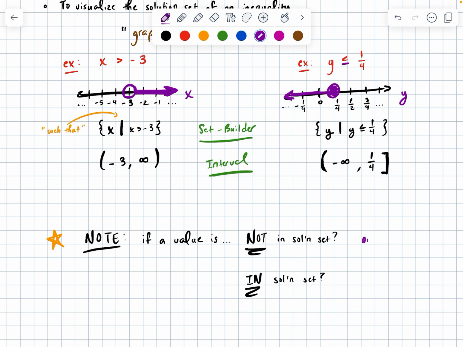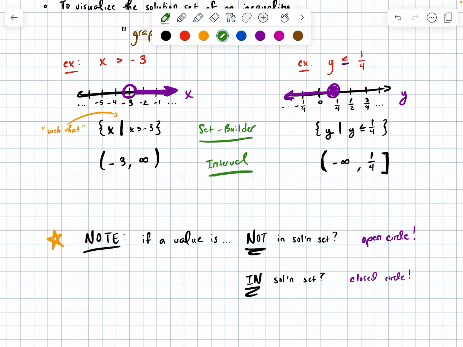And stop. If it's not in the solution set, notice on the graph, for our values of x, they'll always have an open circle. So our circle will not be filled in. If it's in the solution set, though, I fill in my circle, so I think of this as a closed circle.